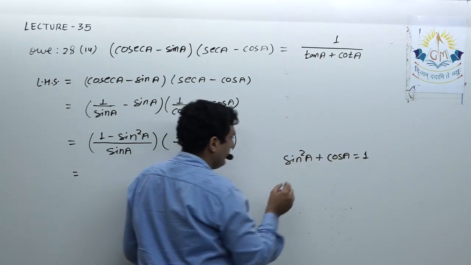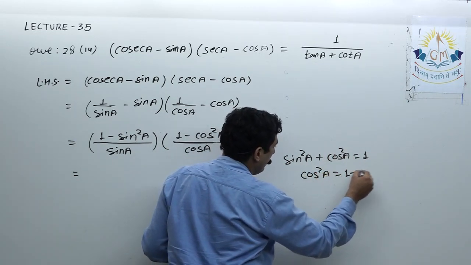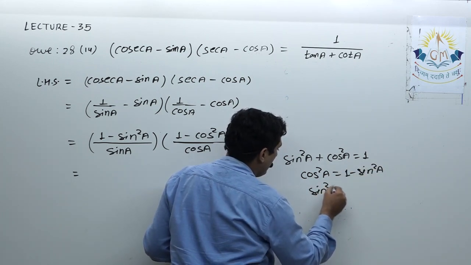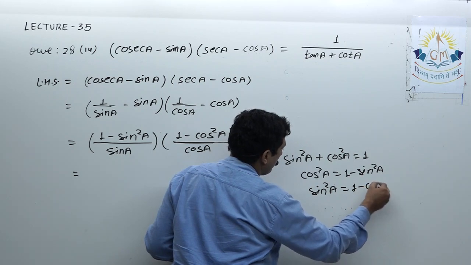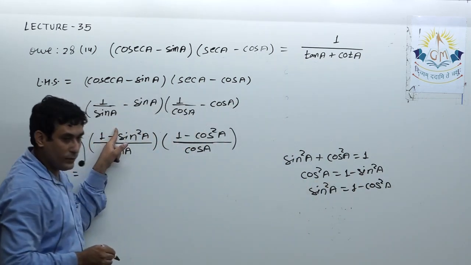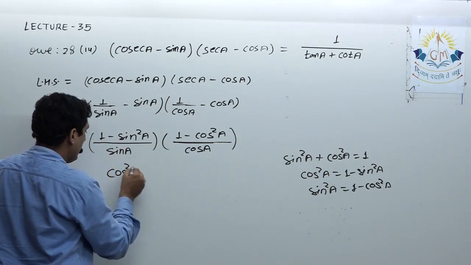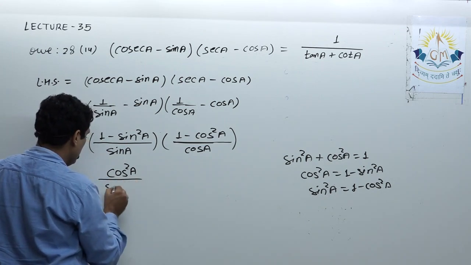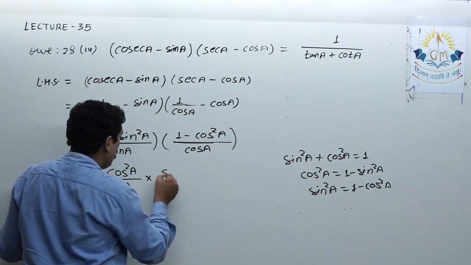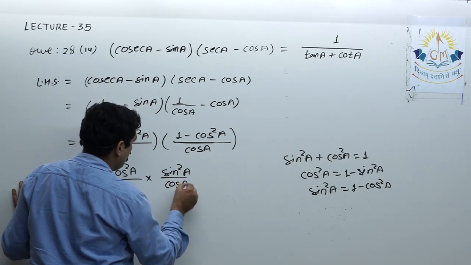So I can say cos square A is equal to 1 minus sine square A. Also I can say sine square A is equal to 1 minus cos square A. So here I have 1 minus sine square A, which I can write as cos square A. So cos square A upon sine A, then over here sine square A upon cos A.